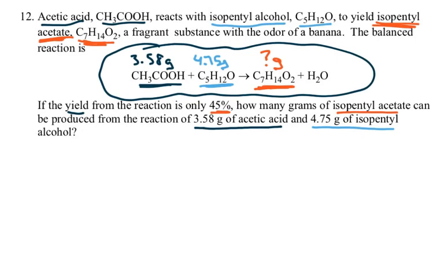We've done this many, many times. So it's just limiting reagent. We're going to pick the smaller one. But now we have this yield thing that we need to think about.